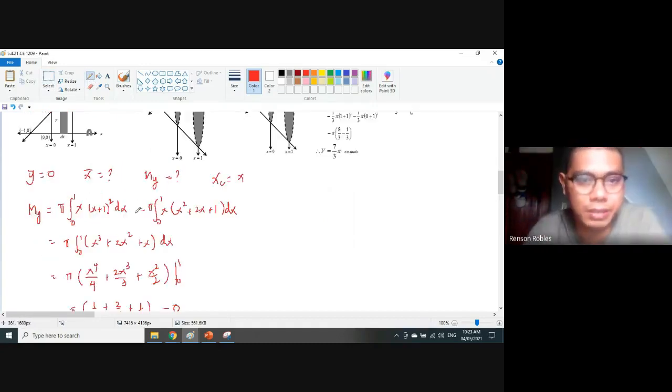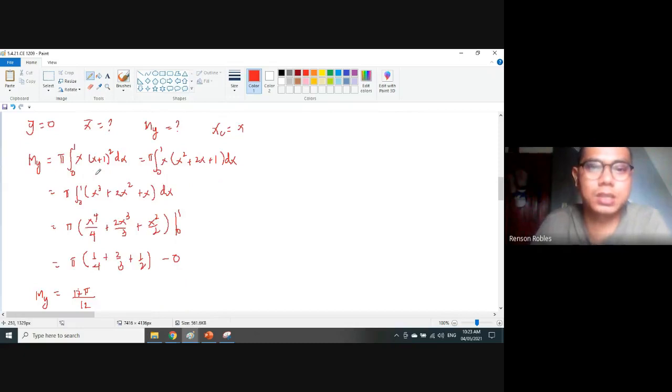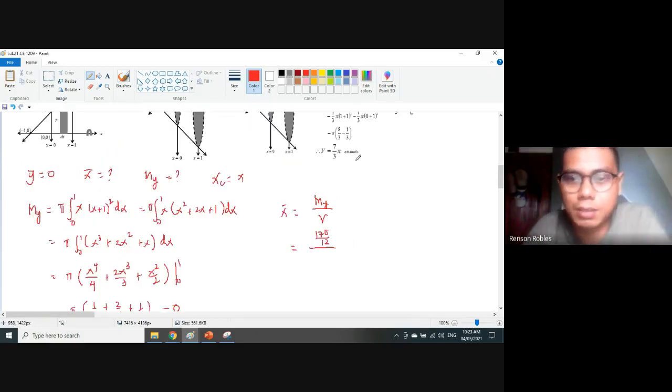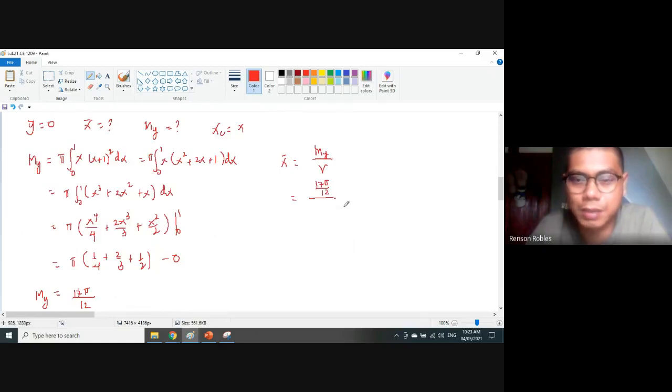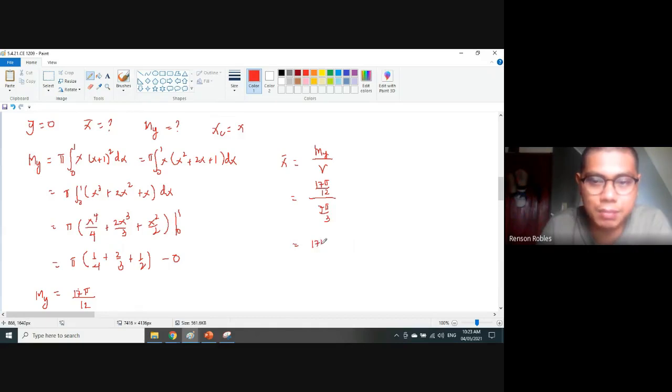And then we can now compute for bar x. We say that bar x is equal to moment in y divided by the volume. So you now have moment in y, 17 pi over 12, divided by the volume. We have already computed this one, so that's 7 pi over 3. And we now have 17 pi over 12 times 3 over 7 pi.